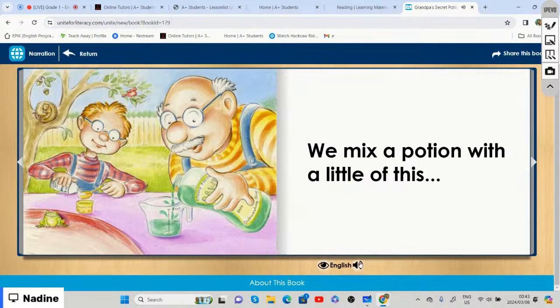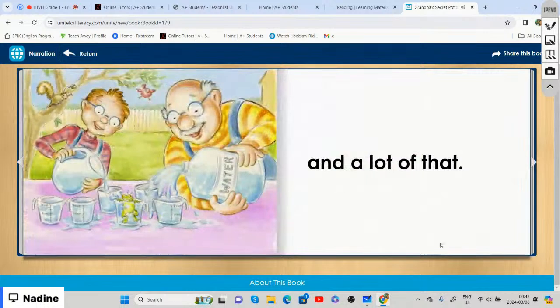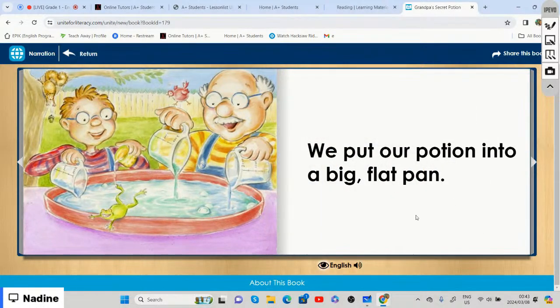We mix a potion with a little of this and a lot of that. We put our potion into a big flat pan.